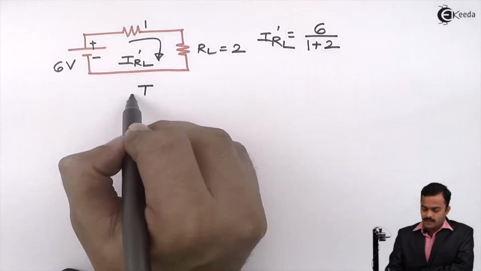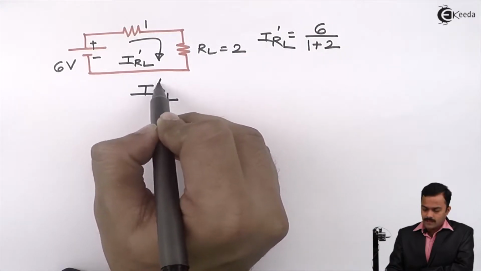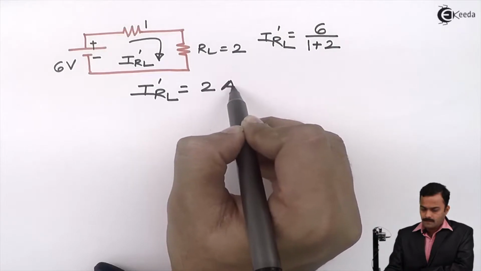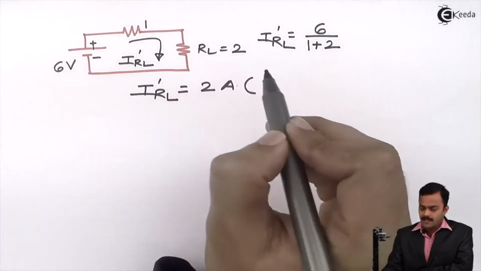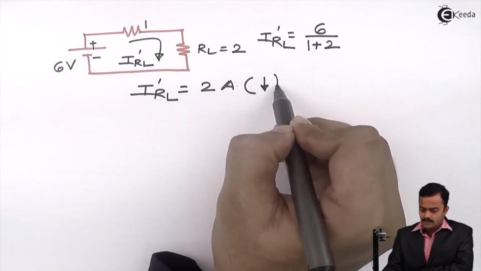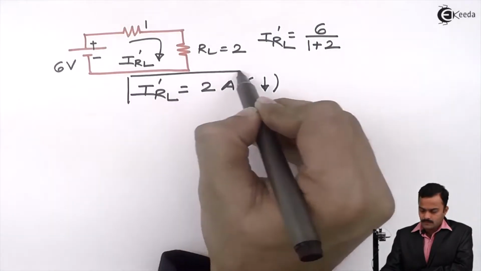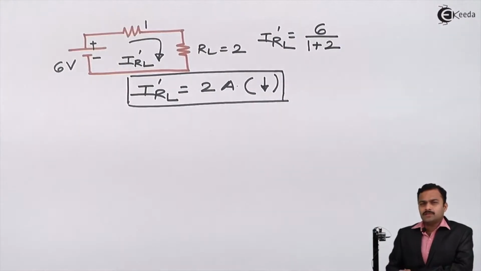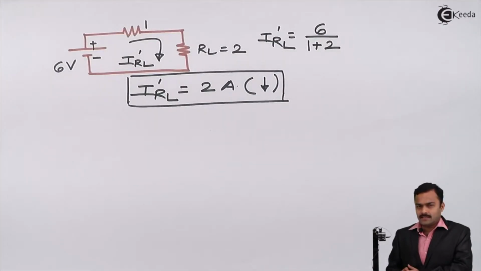So finally I will get answer as 2 ampere. And for this RL the direction is downward. If you solve it by mesh or nodal, unnecessarily we are increasing calculations. So to avoid that, better you can use series parallel connections of resistances.